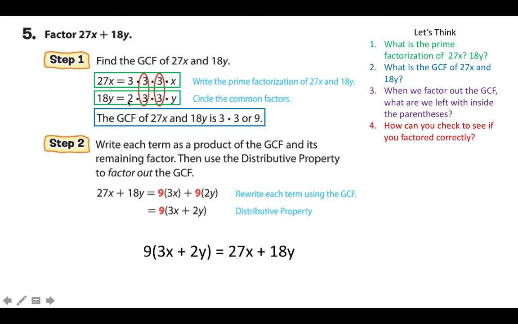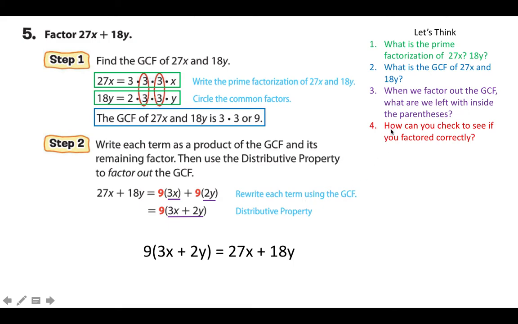Same thing here. We've got 2y remaining, so we're multiplying 9 times 2y. So to answer our question, when we factor out the GCF, what are we left with in parentheses? We're left with 3x plus 2y, those remaining factors that we identified in the prime factorization.